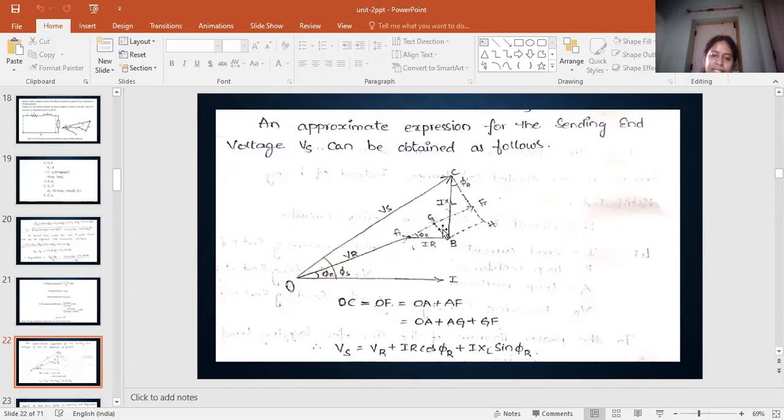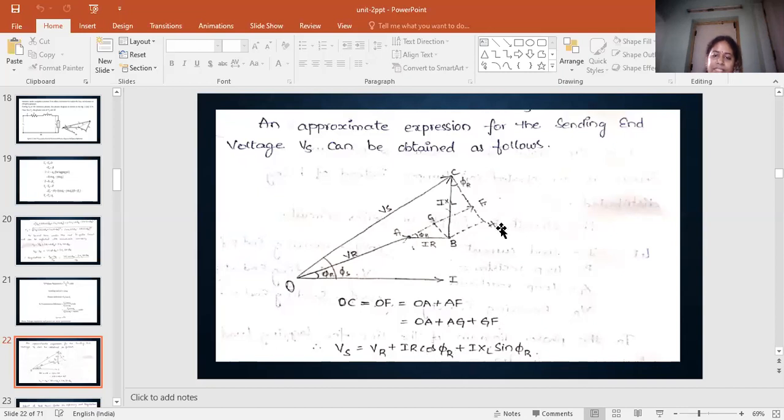AG, here is the right angle triangle. AB value is nothing but IR. Cos phi r equal to AG by AB, so AG equal to AB into cos phi r. AB is nothing but IR, so AG equal to IR cos phi r.